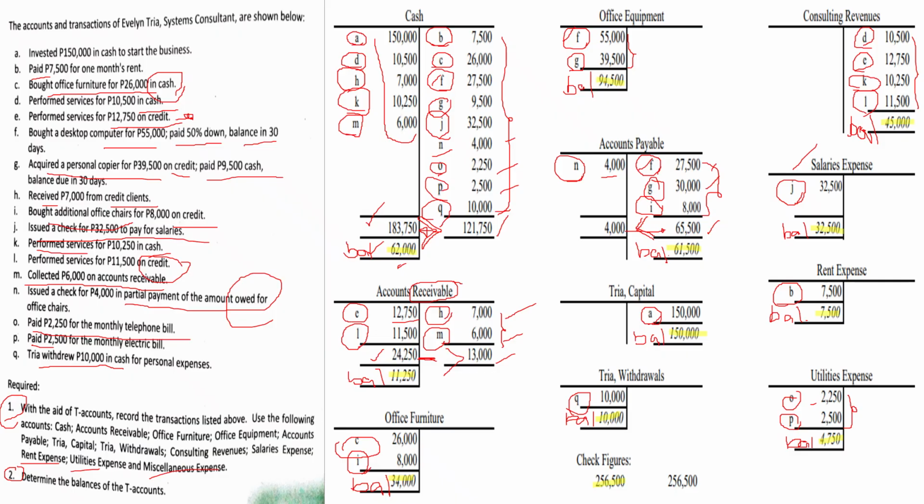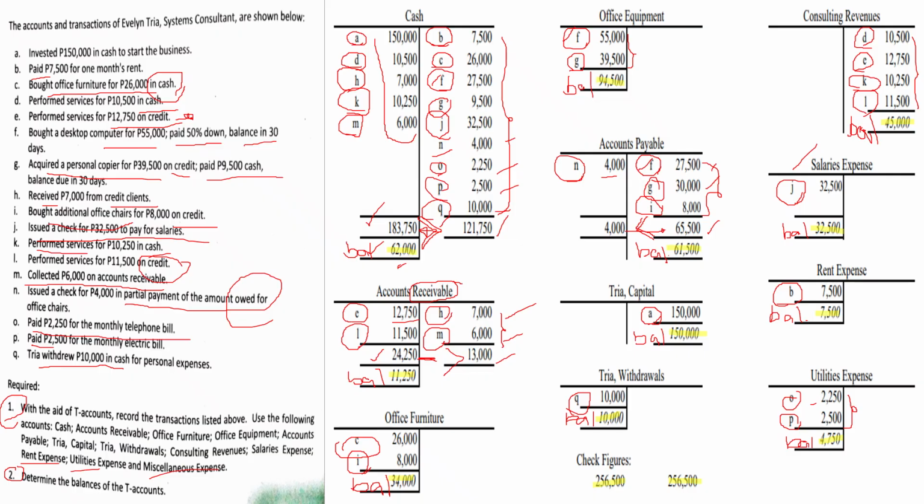So kindly add all credit balances. So that should equal the same figure. So if you have equal debit and credit, then it means you have successfully plotted all the transactions in the T accounts.